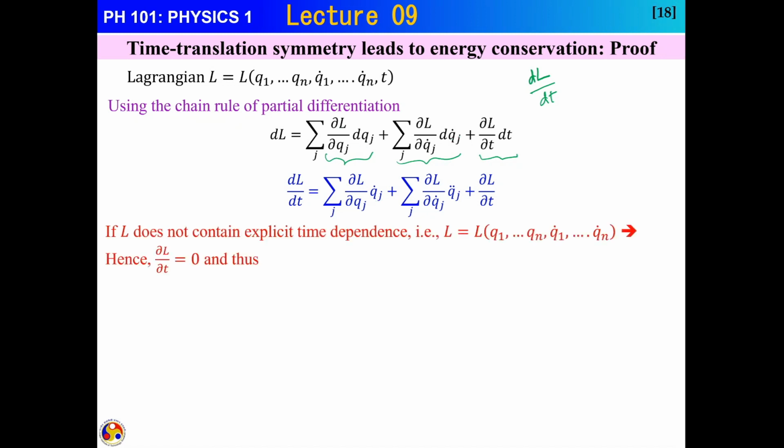Here d q dot is already there, so it is going to be q double dot, and since dt is there, that will be simply 1. So I'm ending up with a function which has it. Now we said that L does not have explicit time dependence, and therefore this term I can simply take to 0. So my equation is going to be turned into only these two terms.